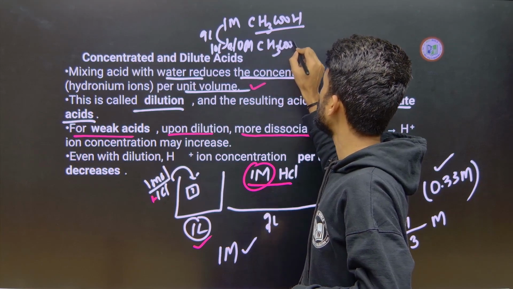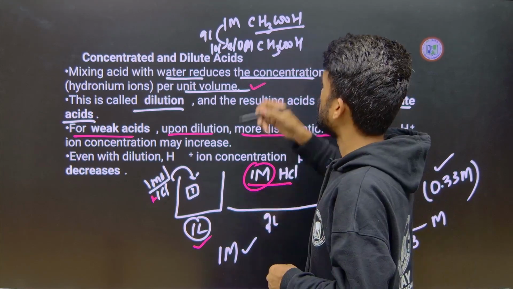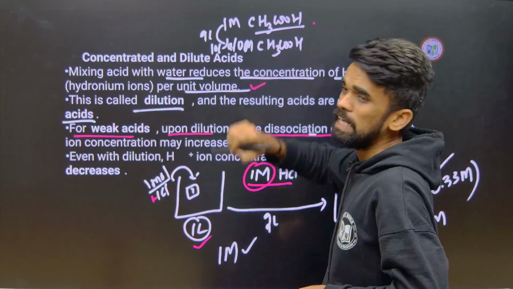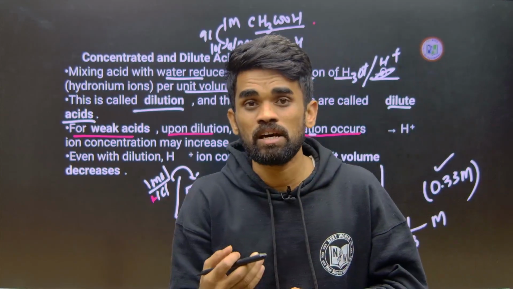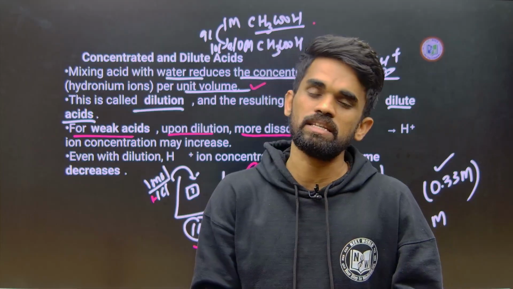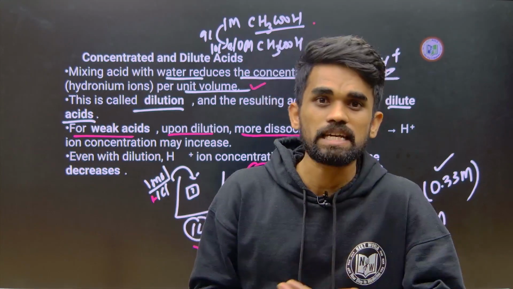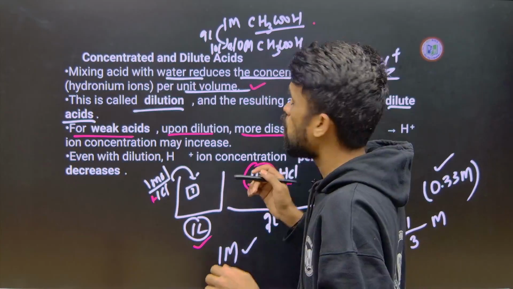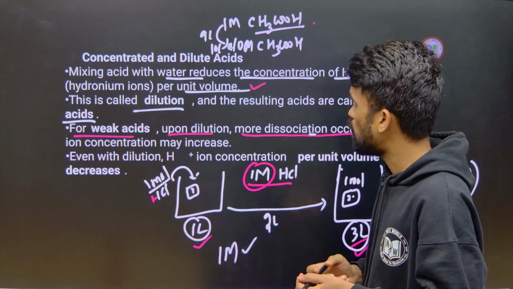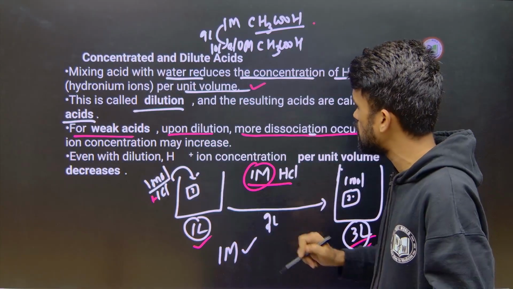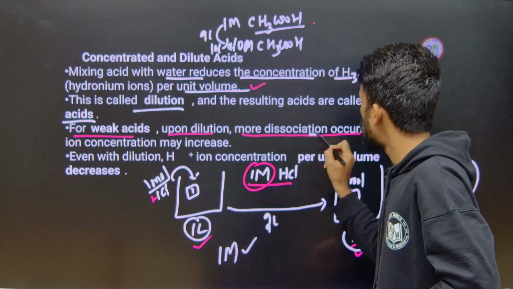Now in this case, upon dilution, the degree of dissociation of weak acids increases. So this is called the Ostwald dilution principle. You will be studying it later, but remember the term Ostwald dilution principle. According to it, upon dilution more dissociation occurs.